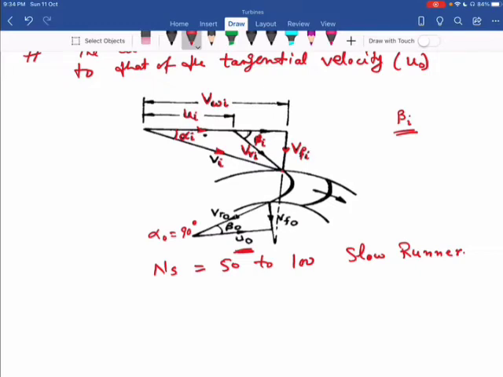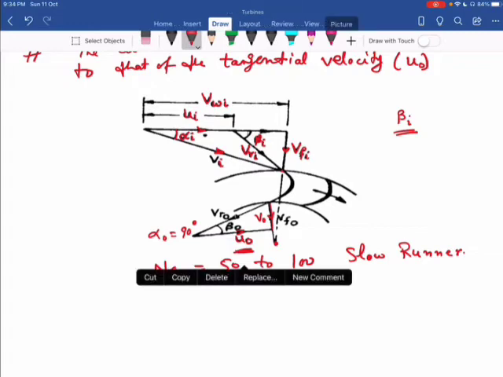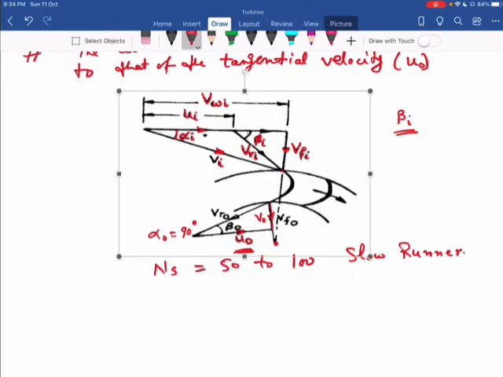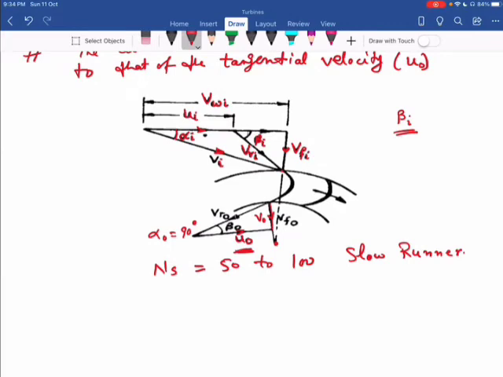This direction of VO is normal, or perpendicular, to UO and always directed toward the center of the runner. So that is the meaning of radial discharge, alpha O equal to 90 degrees at the outlet.